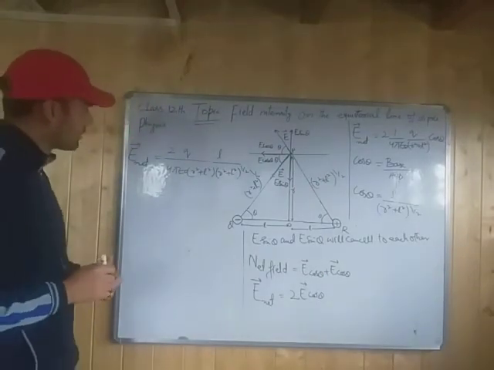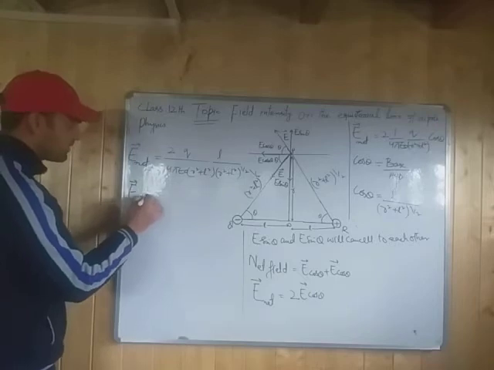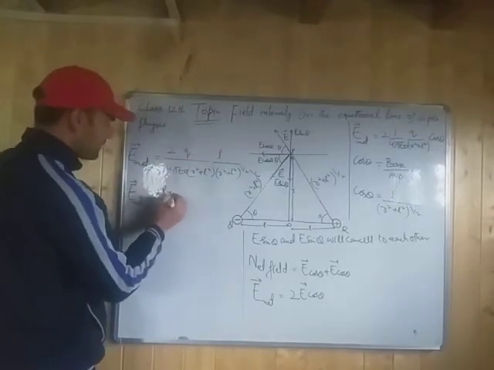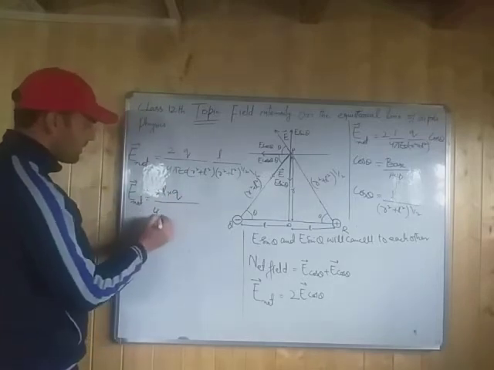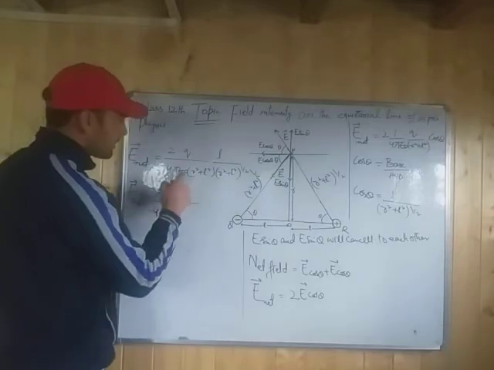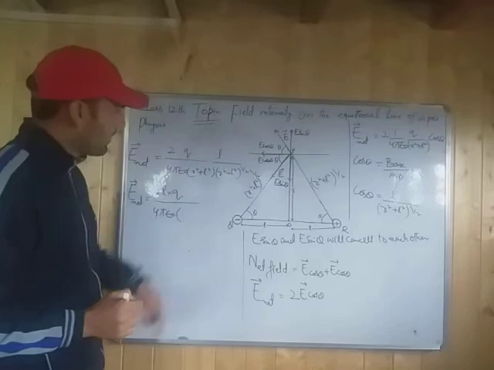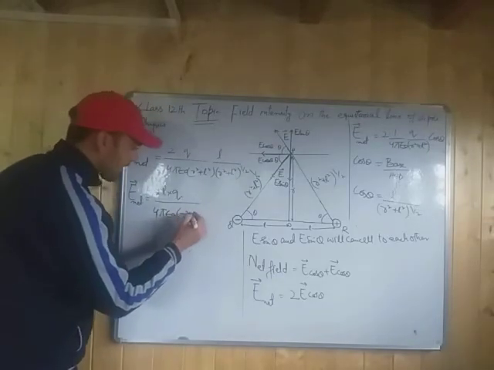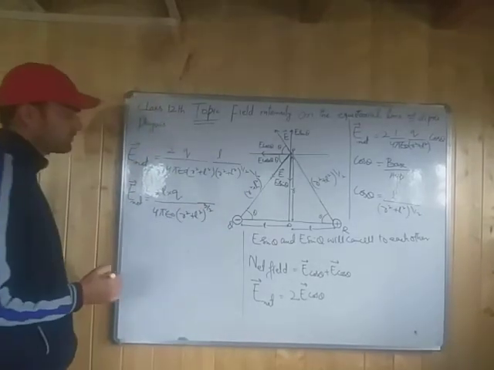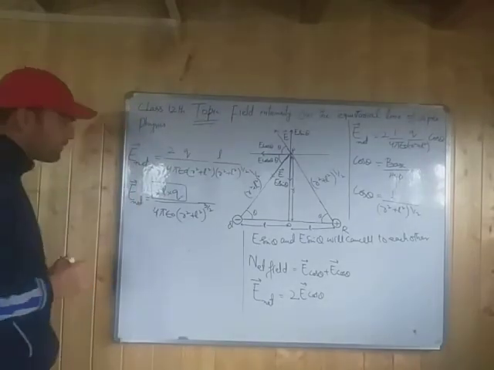Or we can write E net is equal to 2L into Q divided by 4 pi epsilon naught into R square plus L square raised to power 1, times R square plus L square raised to power 1 divided by 2. So this will be R square plus L square raised to power 3 divided by 2.